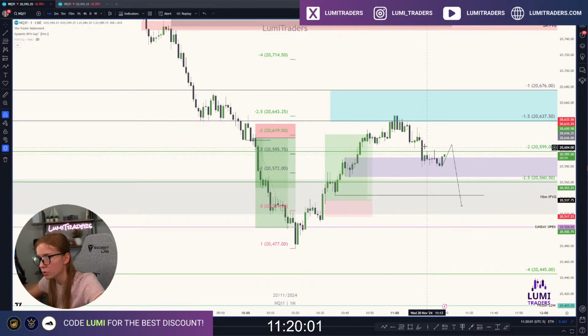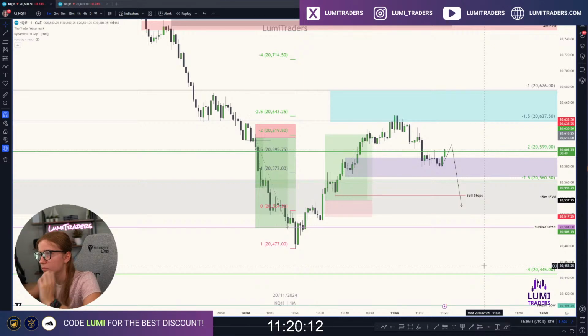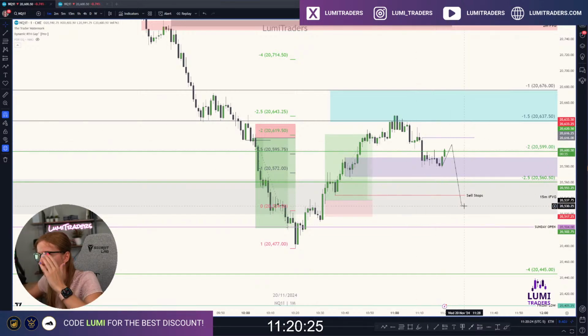So if it wants to reverse, it's going to be, for example, sweep right here or fair value gap right here, then lower to take these sell stops as potential idea. Let's see. Where is my sell stops? Also, I would like to highlight high of this candle, because in my opinion, this candle is a key candle right now for us to understand where market wants to go.